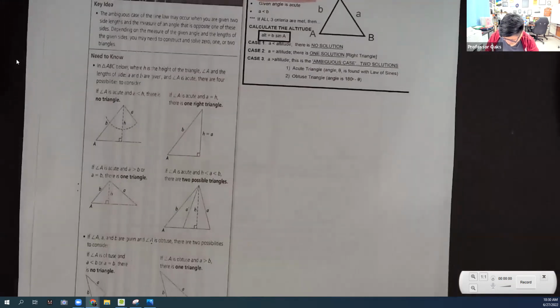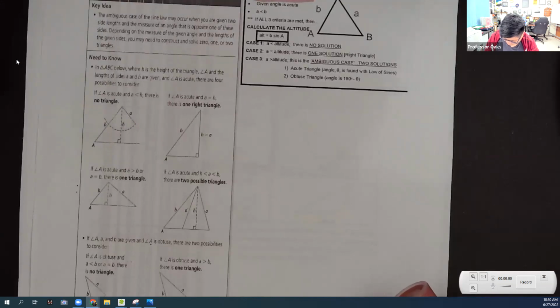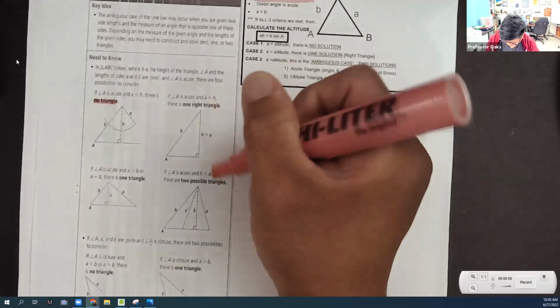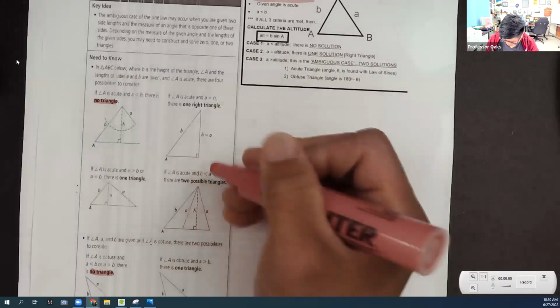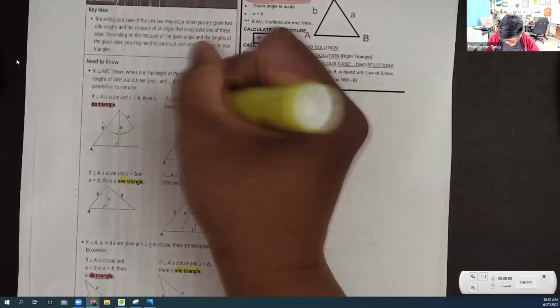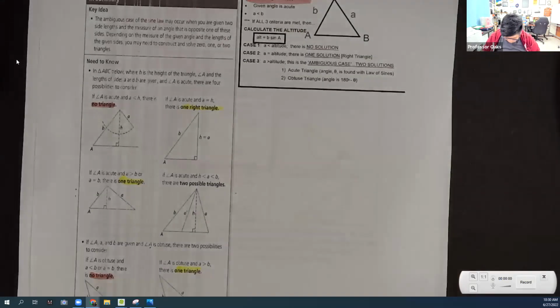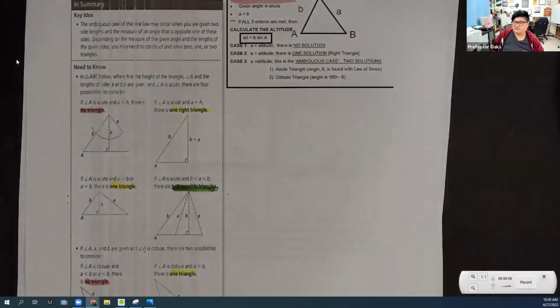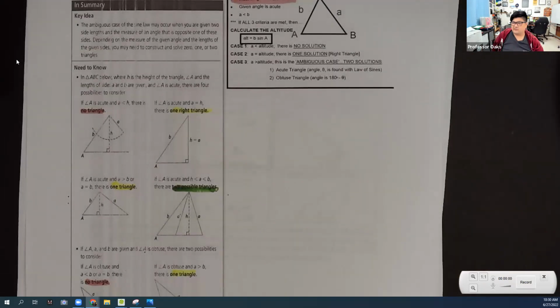Now, the issue is that you might have no answer, like no triangle, or you might have just one answer, or you might have two answers, and that's what makes this the harder one.